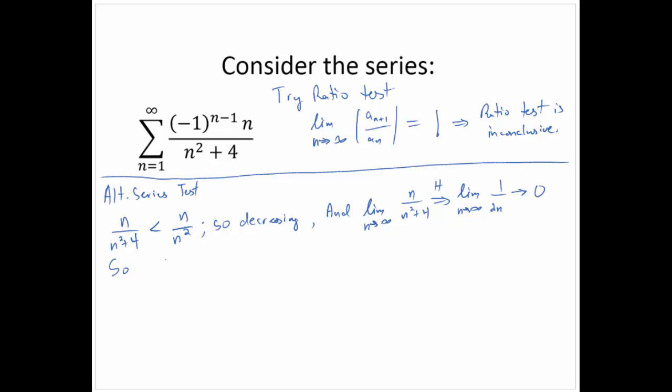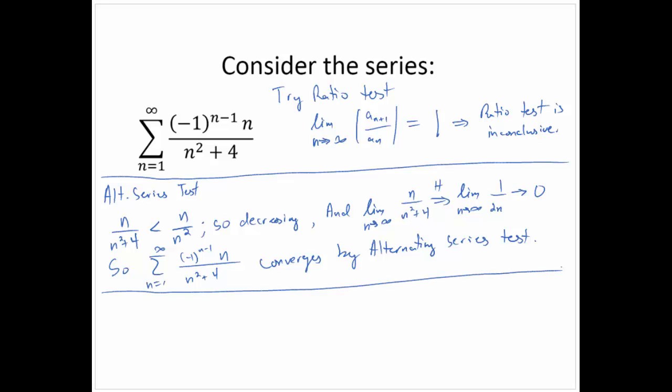So we know that sigma n equals 1 to infinity of negative 1 to the n minus 1 times n over n squared plus 4 converges by the alternating series test. Now, we know that the series converges.